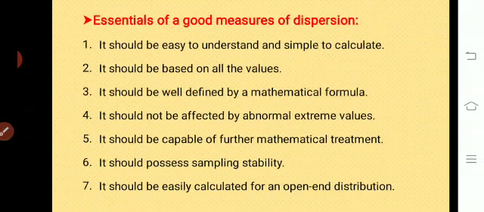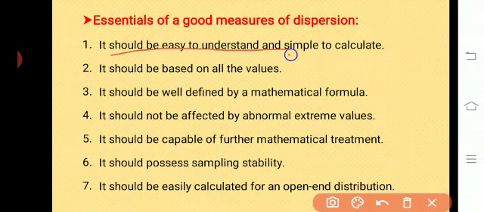Now we will see the essentials of a good measure of dispersion, or requirements of a good measure of dispersion. The first essential is it should be easy to understand and simple to calculate.